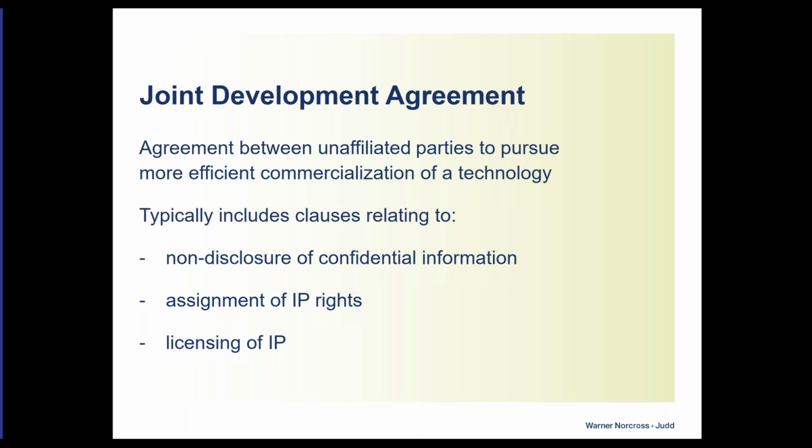What these agreements are for is to enable unaffiliated parties to pursue more efficient commercialization of their technology by leveraging their combined technical expertise. One party may develop a compound for another party that is commercializing products that utilize that compound. It's a mutually beneficial arrangement, and these are the agreements that they typically enter into.